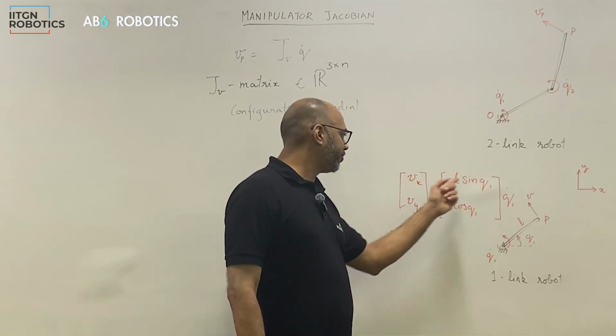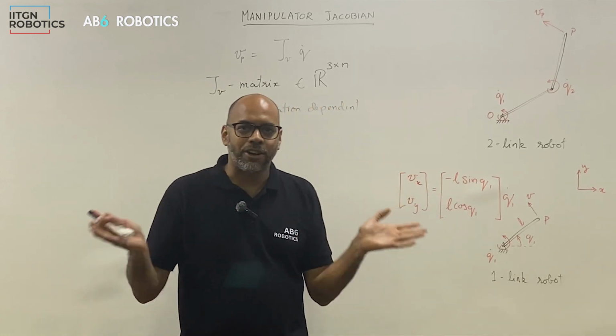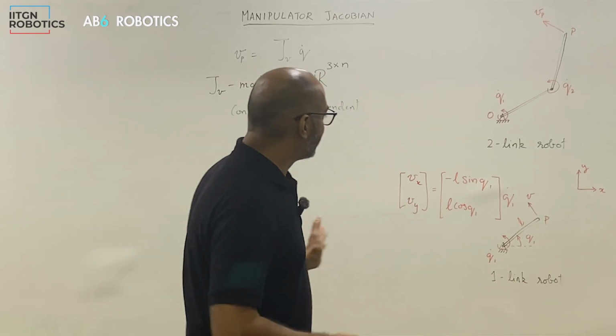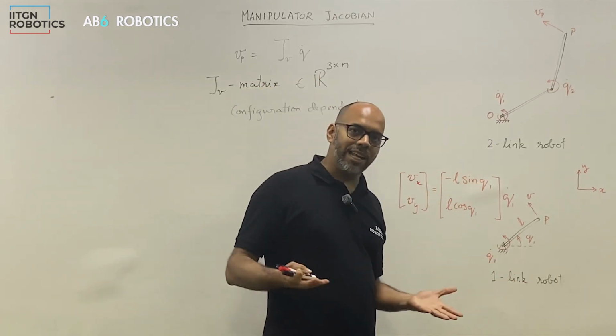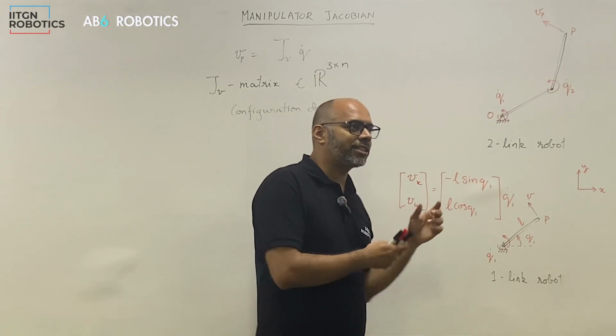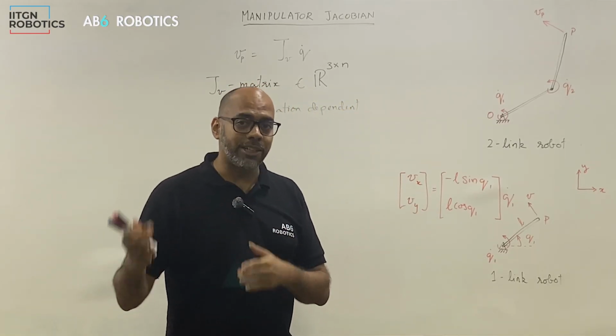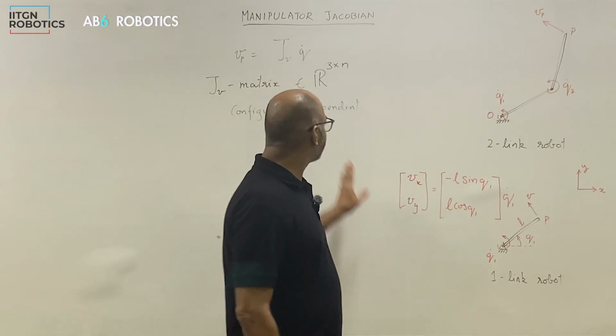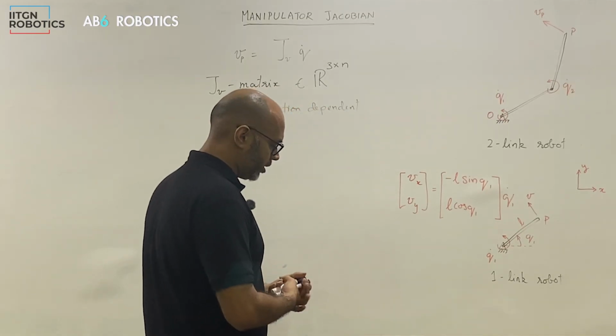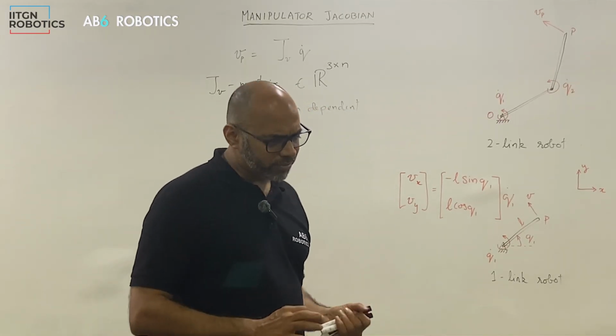For a different angle, the first component was 0, and therefore you cannot get any x velocity. So it's an analysis tool that helps you analyze what the capabilities of the robot are in that particular configuration.